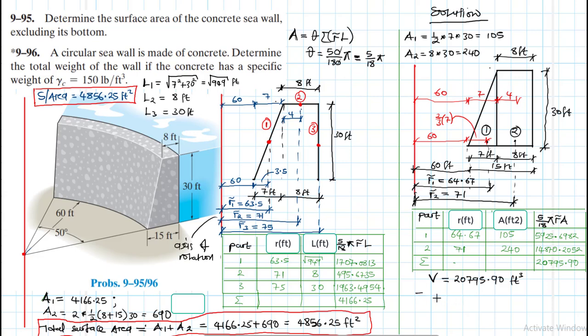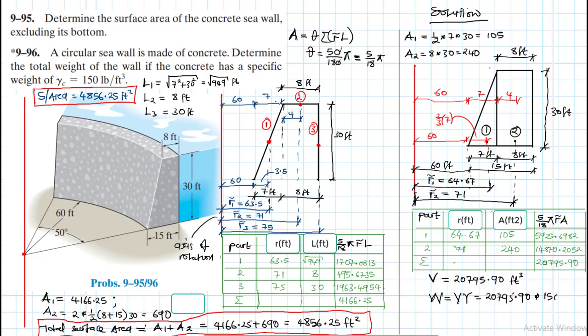So total weight W will be equal to volume times the unit weight. So we multiply 20795.90 times the unit weight, which was given as 150, right? You see this one here, 150 pounds per cubic feet. That is the unit weight of our concrete.